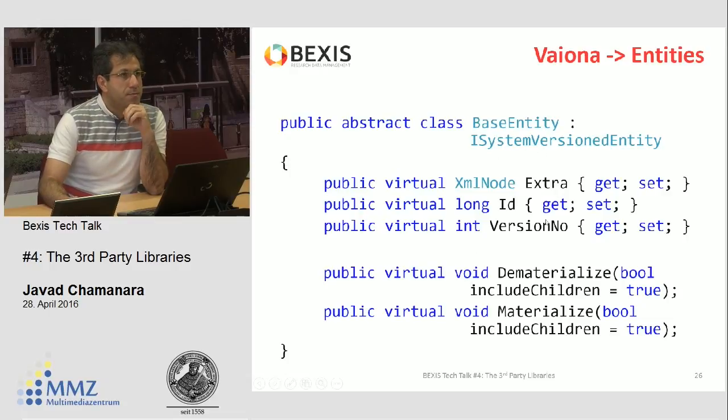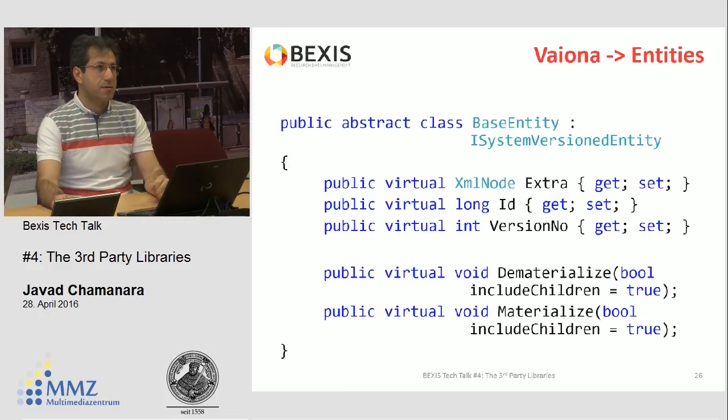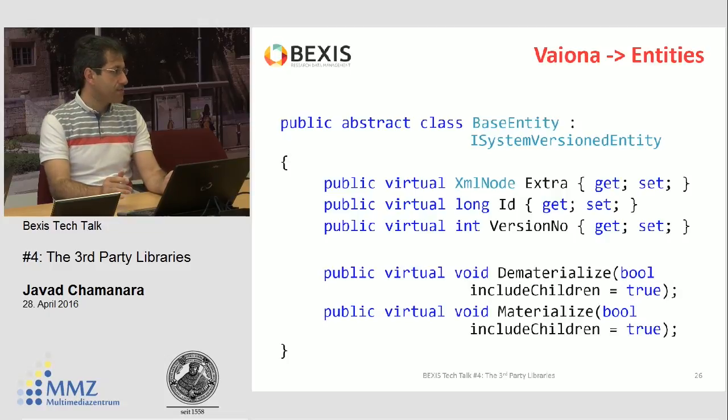With the BEXIS scenario, we have an interesting use of data. Some of our entities are so dynamic that we don't know their exact structure until runtime. In that case, it's not possible to create a predefined database structure for those classes.